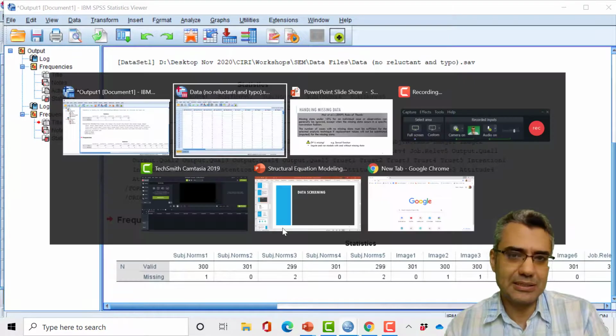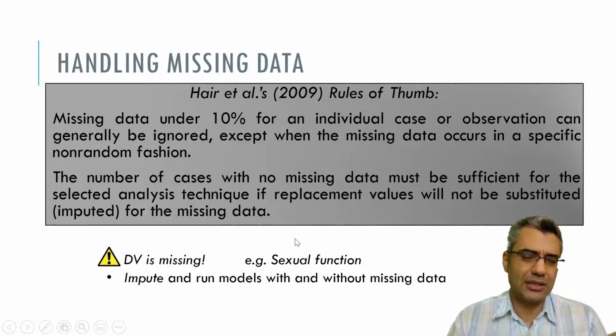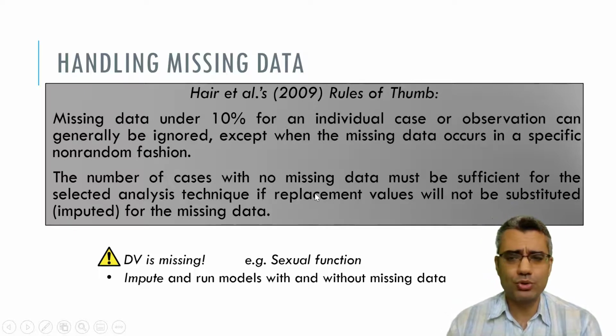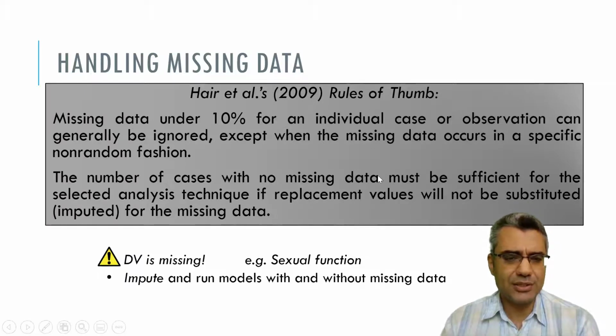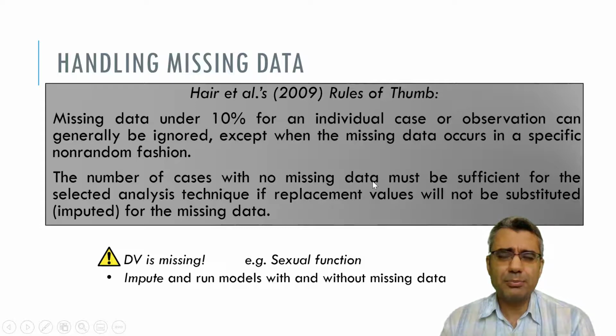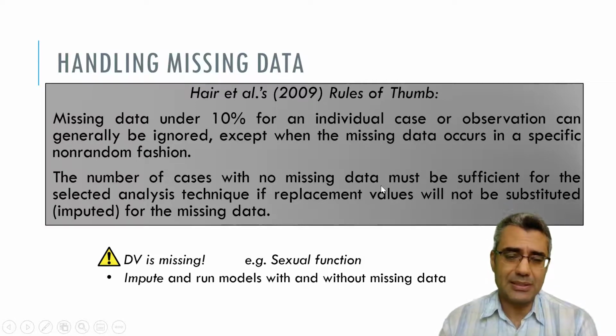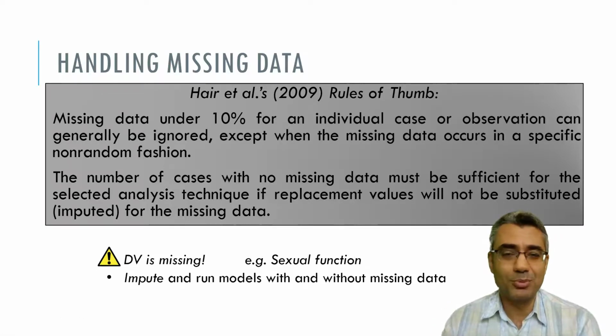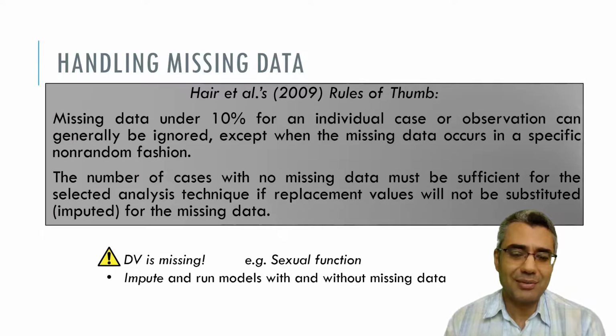And usually it's like this in most of the questionnaires I collect. But yeah, it may happen in some studies that you get a huge amount of missing cases. And the problem is worse when your dependent variable is missing. For example, if your dependent variable is sexual function, many people, especially in certain cultures, are not comfortable revealing information about their sexual performance.